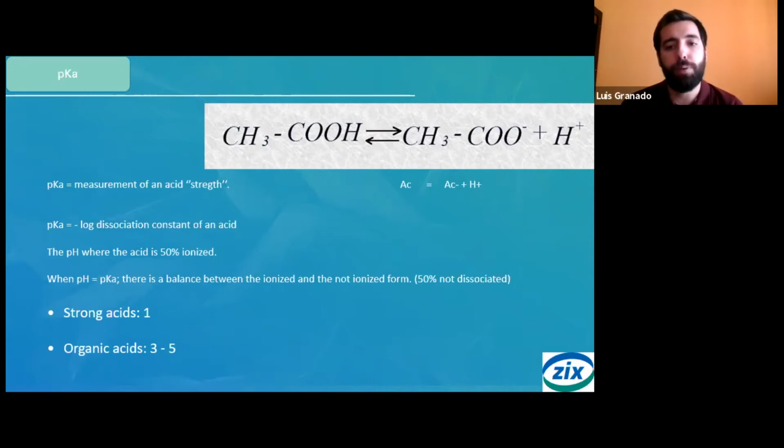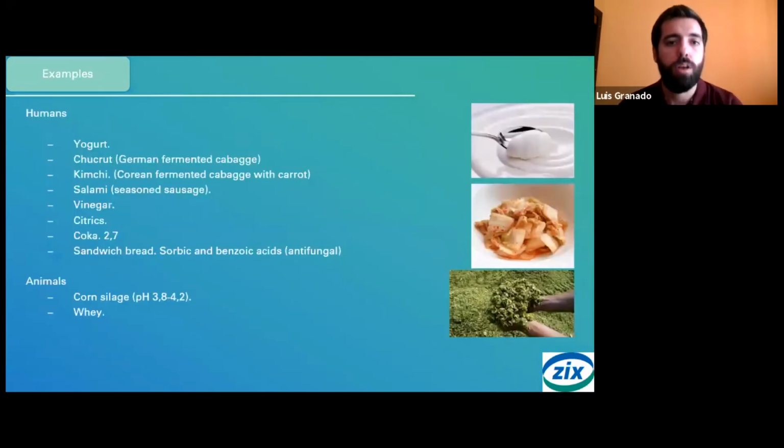And therefore its pK will be lower because it will also be on a low pH where that acid will find stability, right? Strong acids, they have a pK around 1. Organic acids or weak acids, they have a pK normally between 3 and 5.